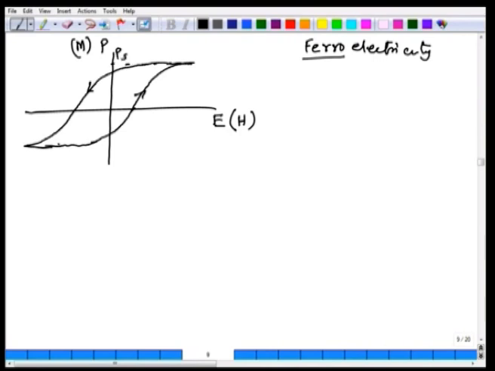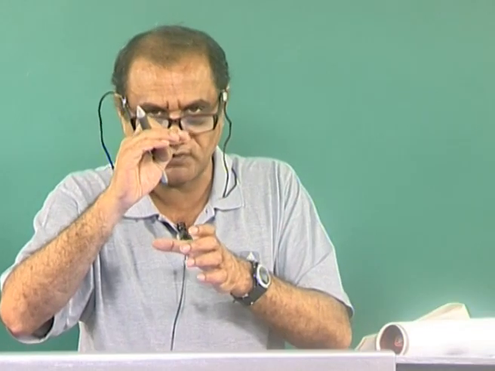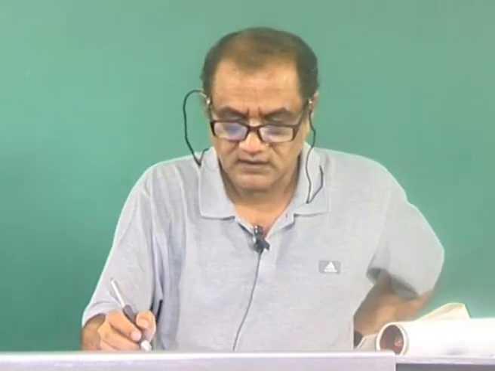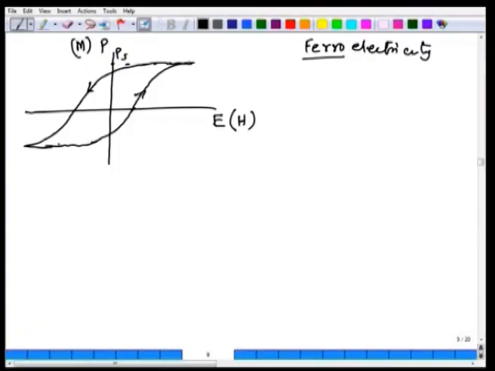This is the saturation polarization in this material, because this titanium atom has popped out in one direction, and you get very large polarization. When you remove this electric field, you get some remnant polarization. This is the remnant polarization, and if you want to remove it, you have to apply a coercive field EC, and this story repeats if you go in the other direction.